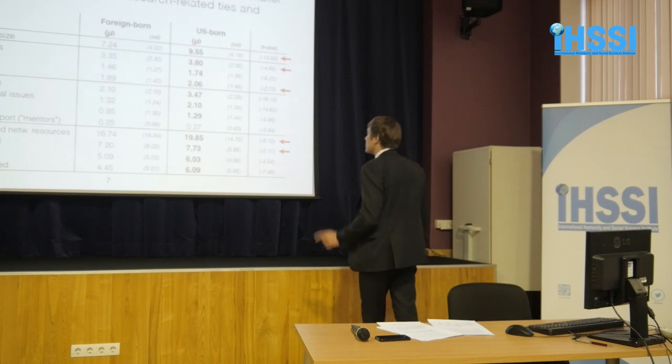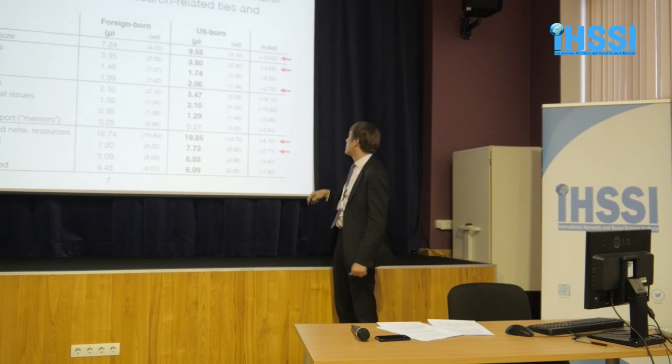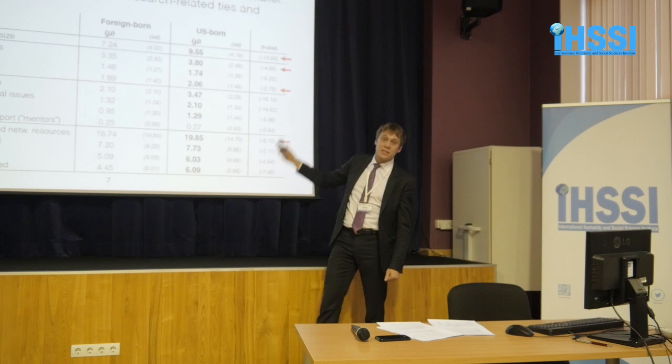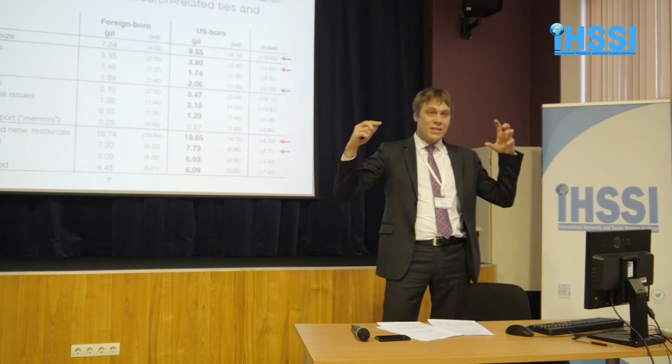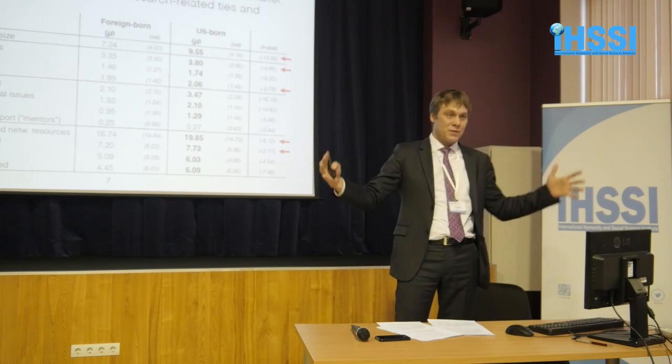But there is a point. If we start looking at the details of what's going on, then it's interesting that if you look at the research collaborators, the statistical difference becomes smaller. You see, that instrumental network is not that different from the social capital altogether.